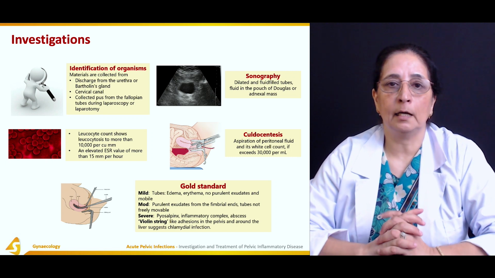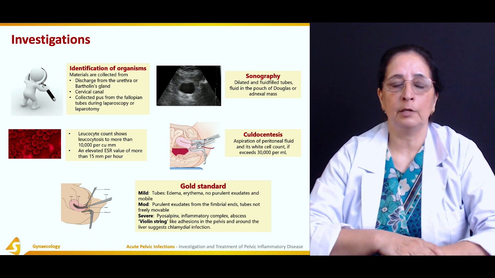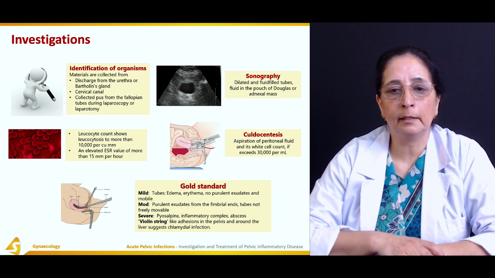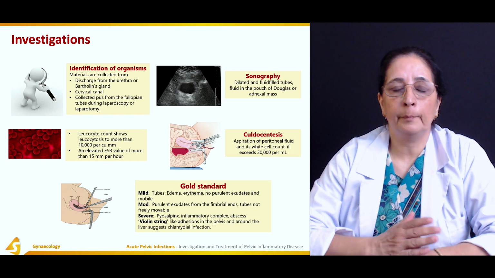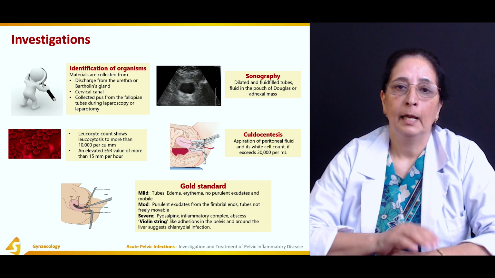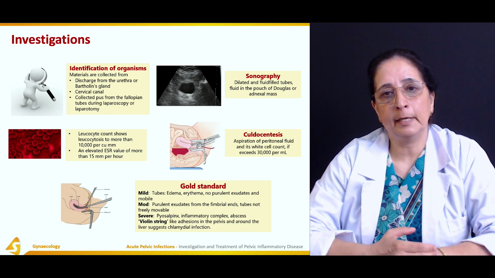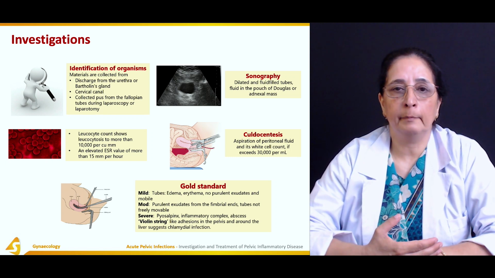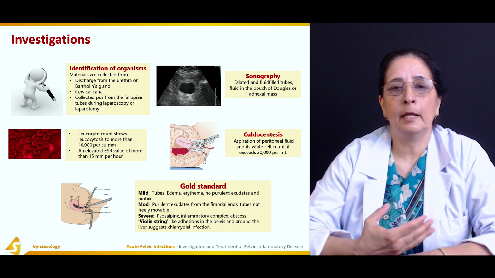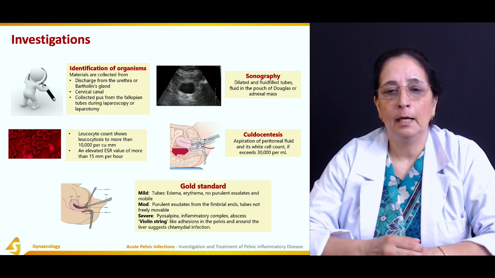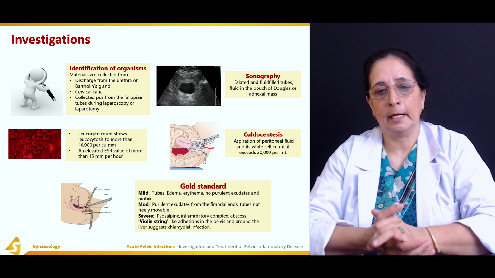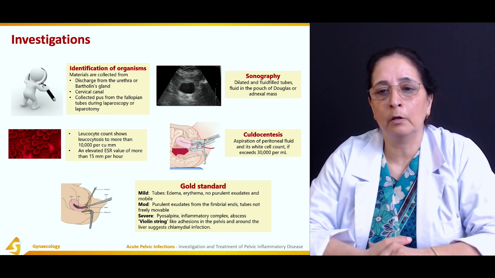Materials are collected from the discharge from the urethra or Bartholin gland, from the cervical canal, and from the fallopian tube during laparoscopy or laparotomy. These specimens are tested for the microorganisms causing the disease, and then treatment can be started against those microorganisms.